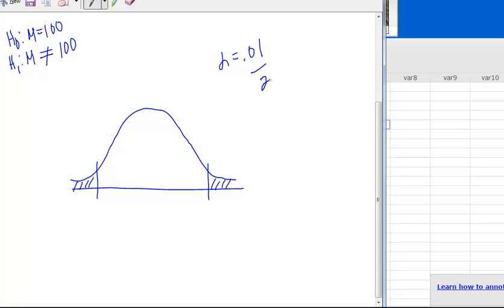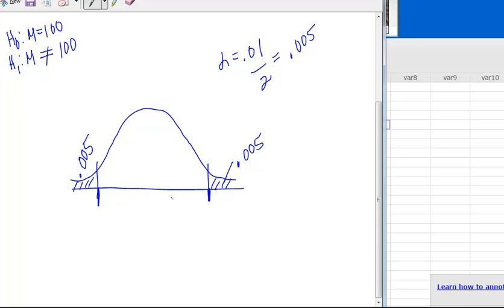If we divide this by 2, because this is completely symmetric, we get 0.005 for each tail. So we want the critical values associated here and here.